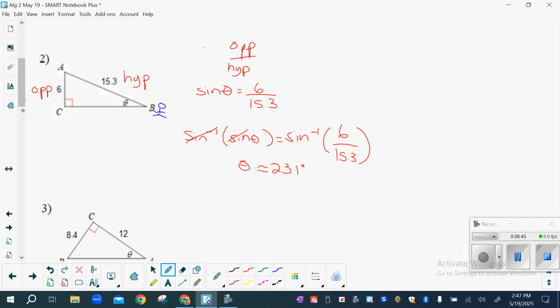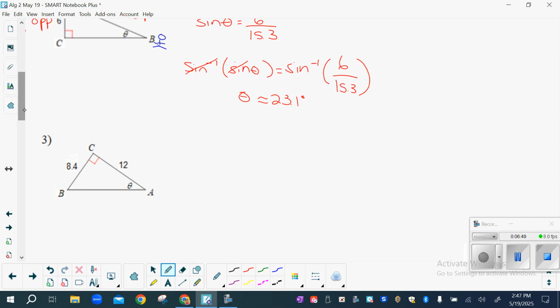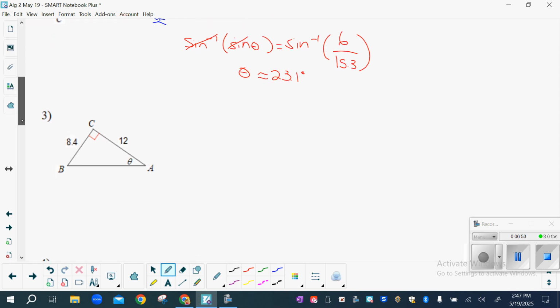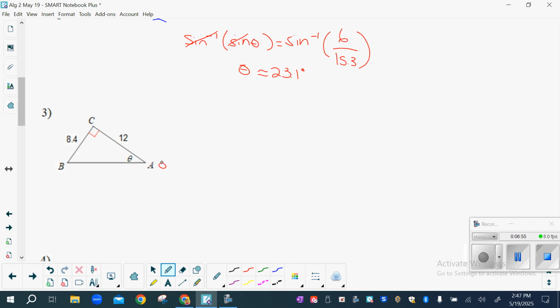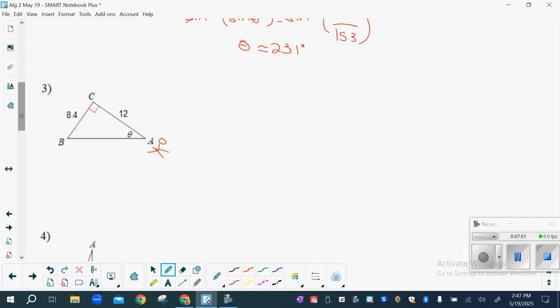Okay, I'll do one more and then I'll have you do one. So, Cohen, your group here. I'm going to put my person right here. What is the 12 in relationship to the theta? Cohen's group? Good. And then what about the 8.4?